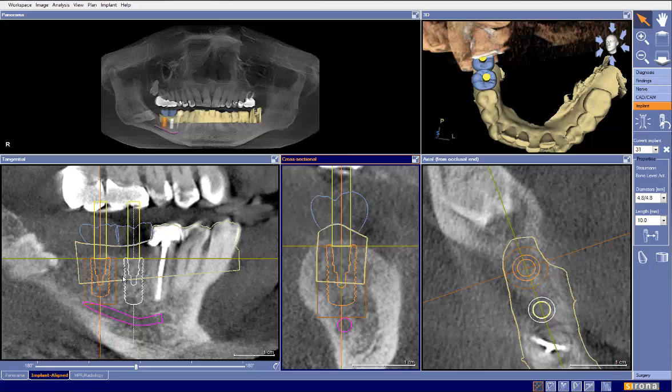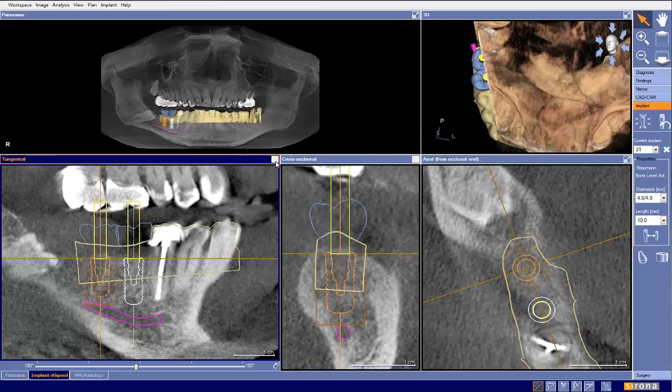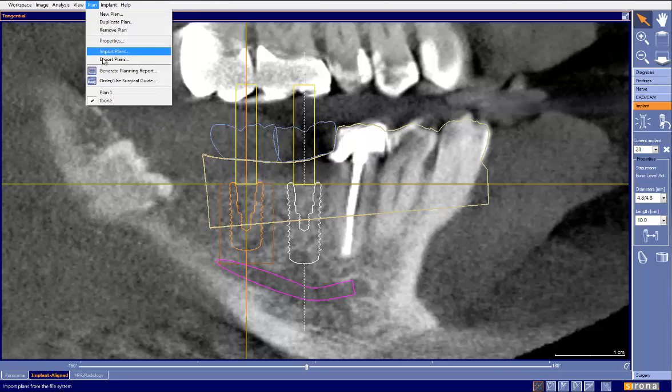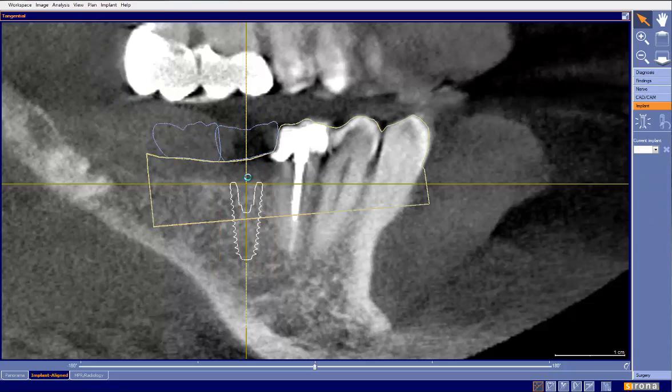As we go farther back, the more and more the tilt is, the more and more it comes to the lingual. So, we'll have to take a look at that. So I like this better already in comparison to our previous. So to give you an idea, there is what I planned, and there is the original plan. So we can definitely see that was more tilted to the distal.